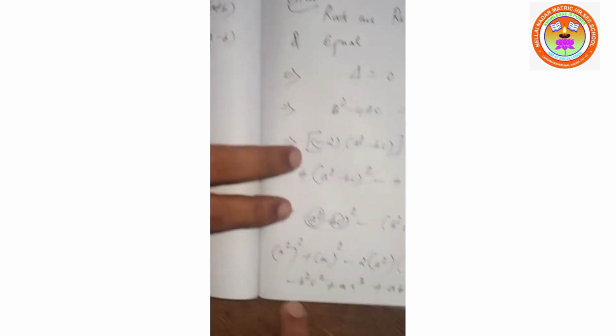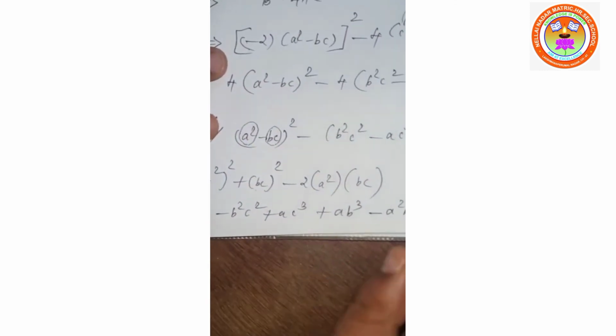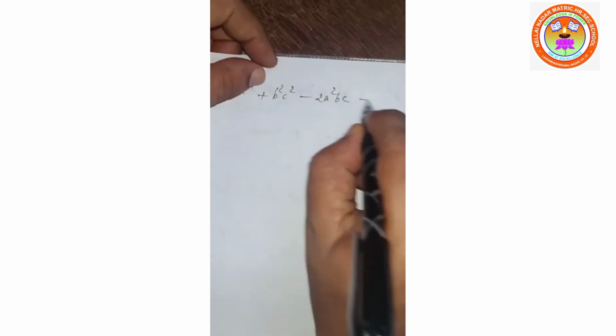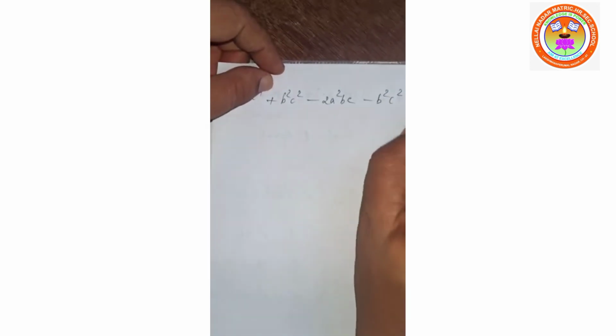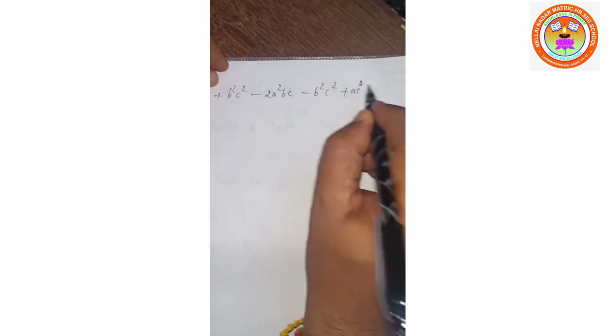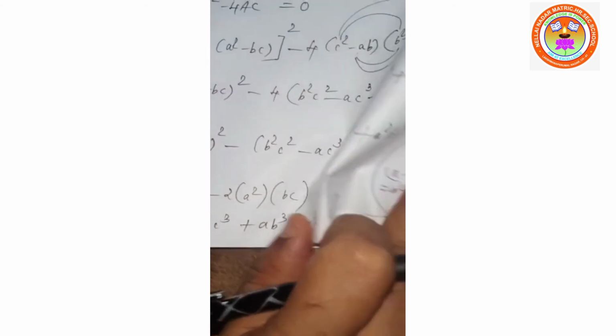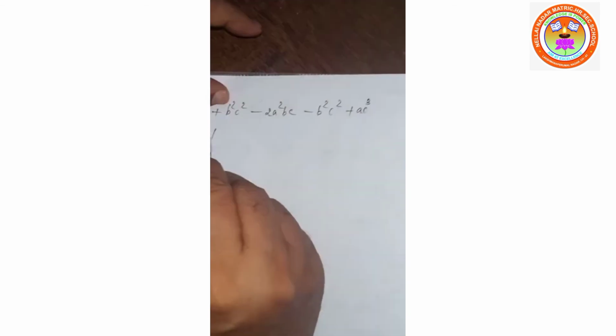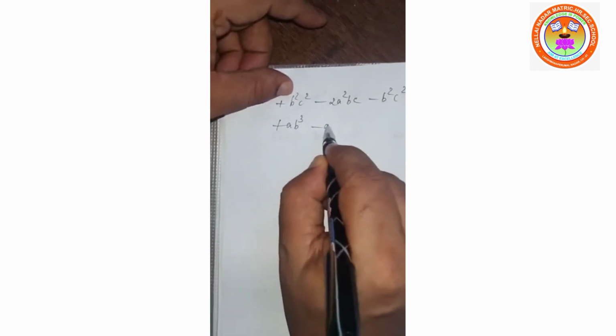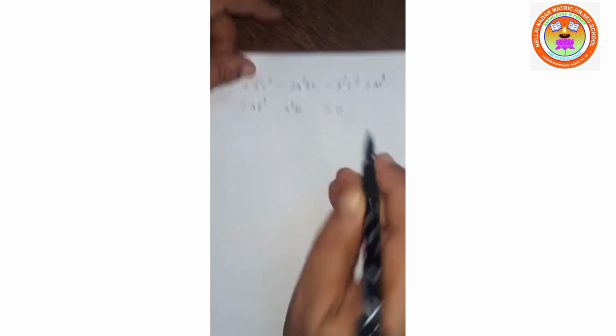Then the rest of them as it is: minus b squared c squared plus ac cube plus ab cube minus a squared bc, that is equal to 0.